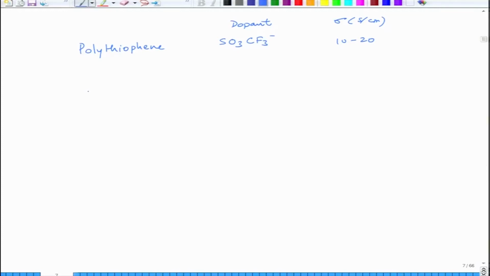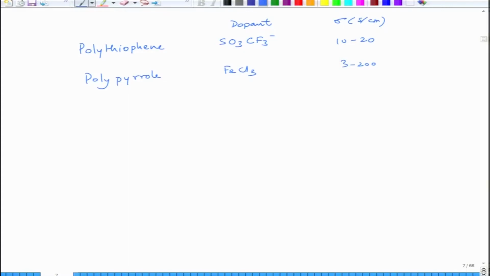If you look at, for example, polypyrrole, FeCl3 is the dopant, and you get conductivity variation between 3 to 200. So they become strongly conducting as against their undoped counterparts, which are strongly insulating. This is the power of doping in polymers, which creates delocalized pi electrons which can conduct along the chain of the molecule, giving rise to conduction.